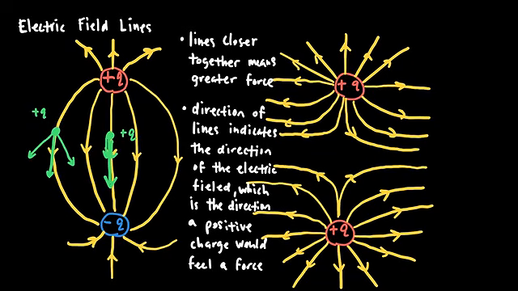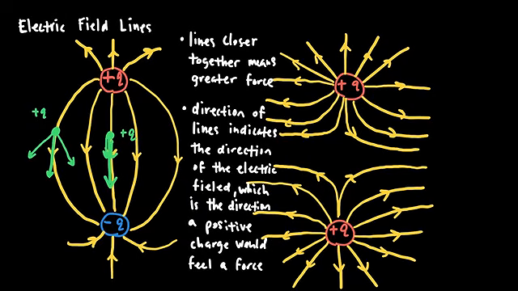So we can always use the direction of the field lines to understand what direction the force points, but we should also start to get a knack for what the field will look like without having to draw in all of these force vectors, just because of our knowledge of the positive or negative nature of the charges.